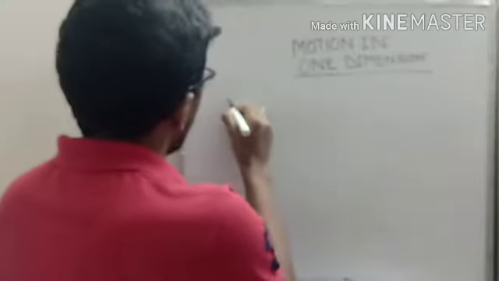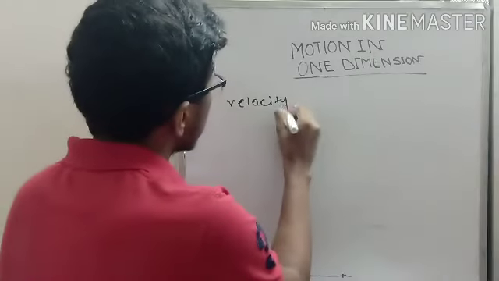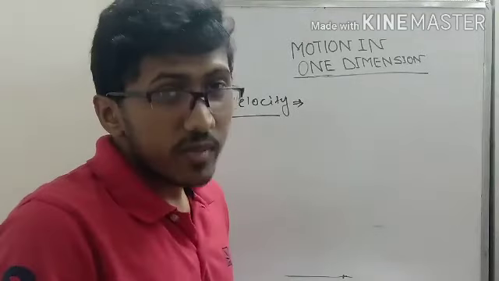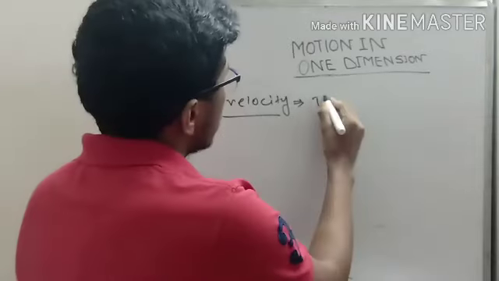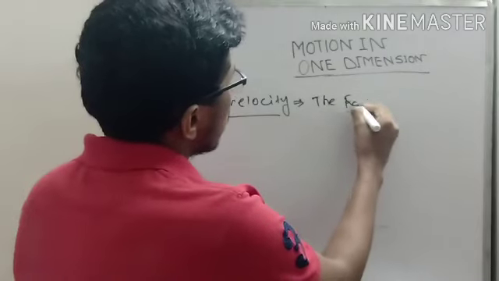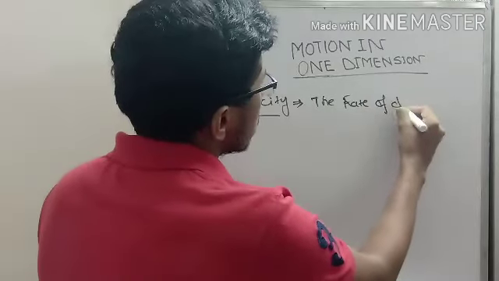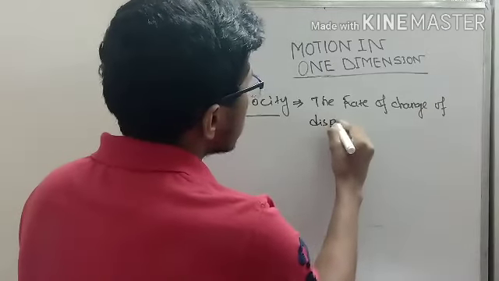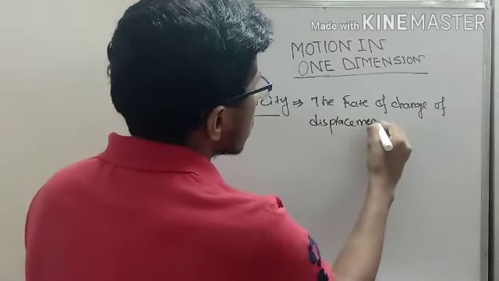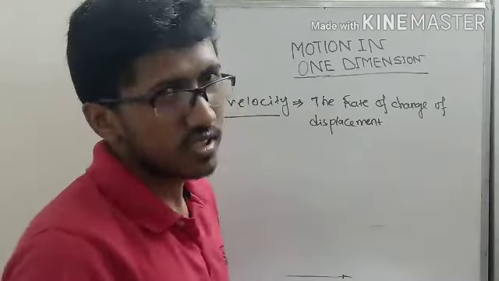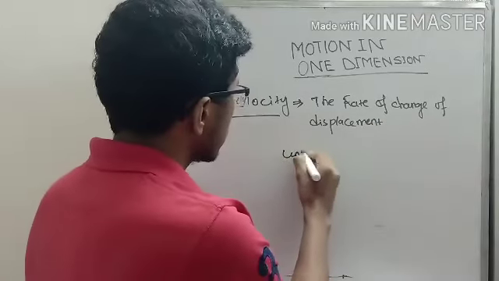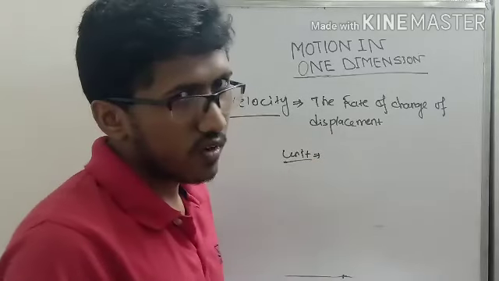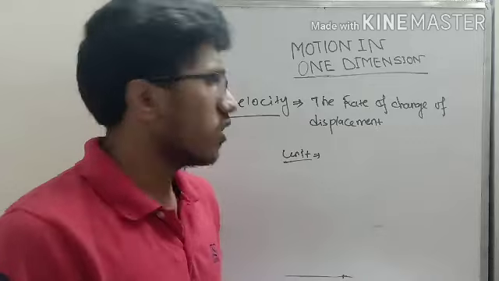Now, what is velocity? The rate of change of displacement is called velocity. The unit is the same as speed, meter per second for SI and centimeter per second for CGS.